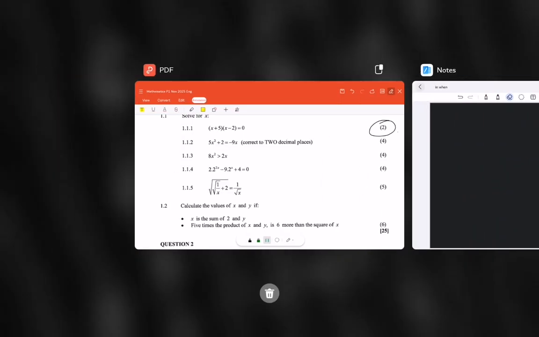Okay, so the first question says x plus 5 into brackets and then x minus 2 is equal to 0. This is a 2-mark question, so the trick is simple here.